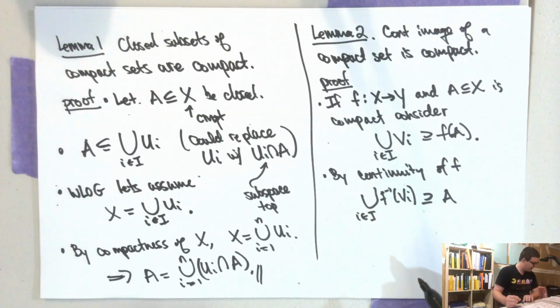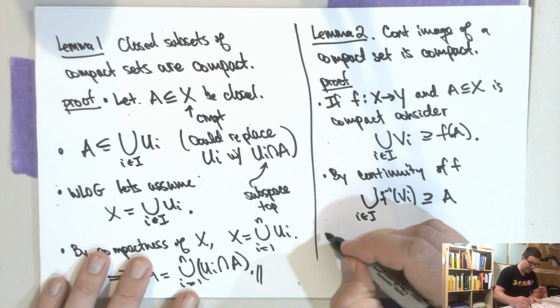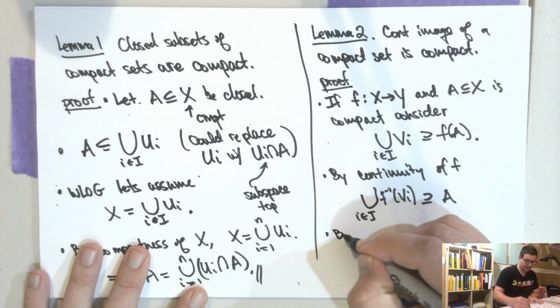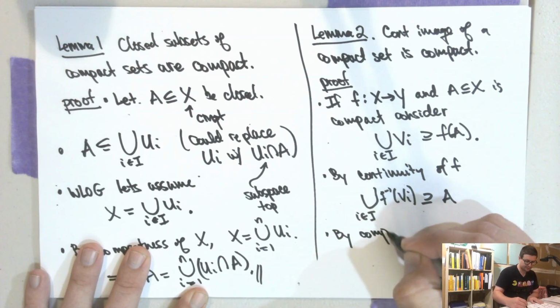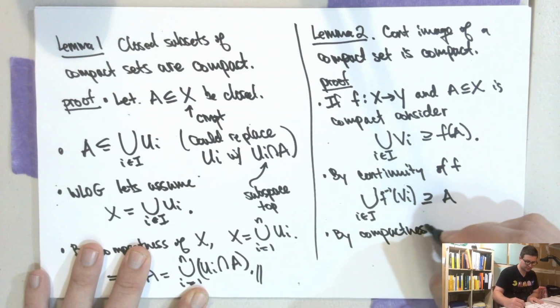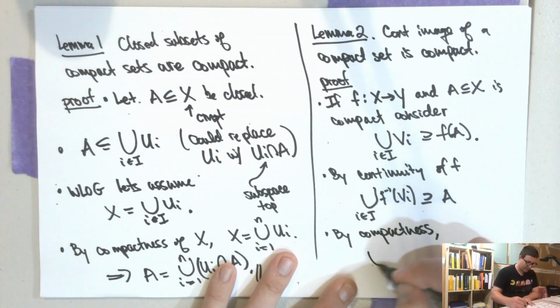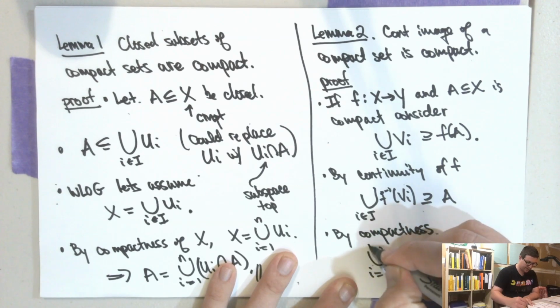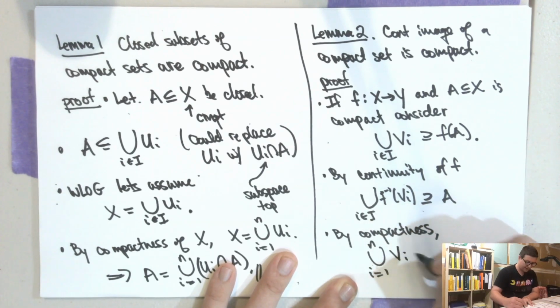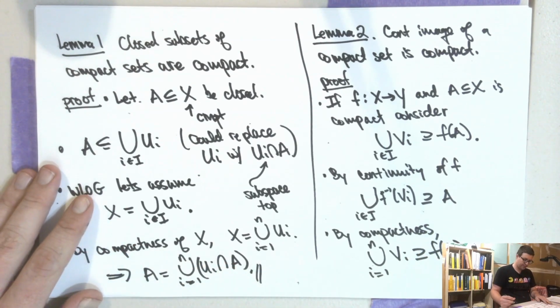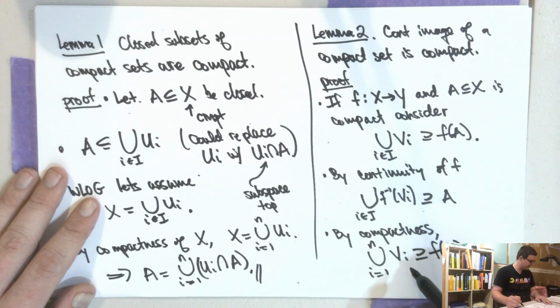Okay, but by compactness, we can change this to a finite union. So we have the union from i equals 1 up to n of V_i, and this contains f of A. All right, so there's a subcover like this.